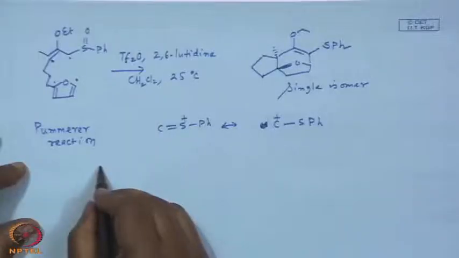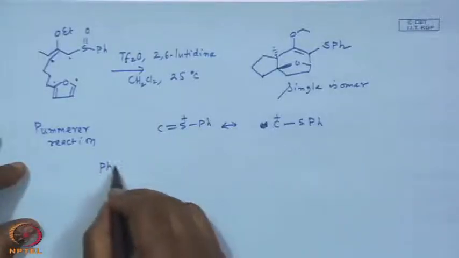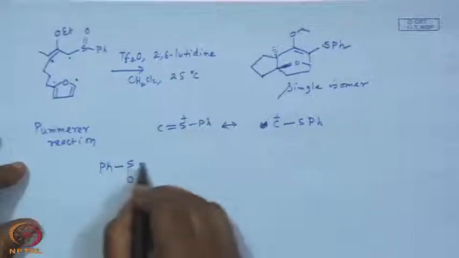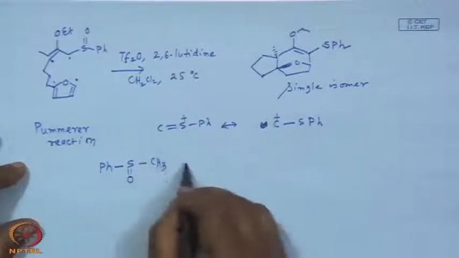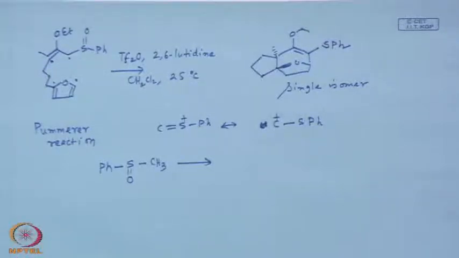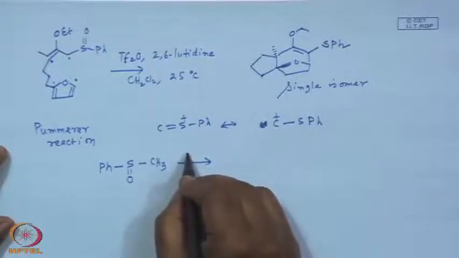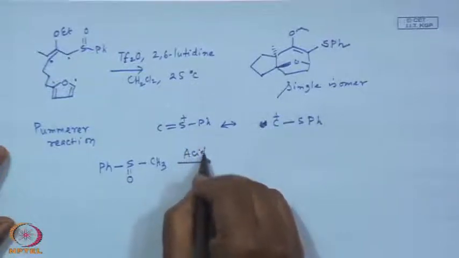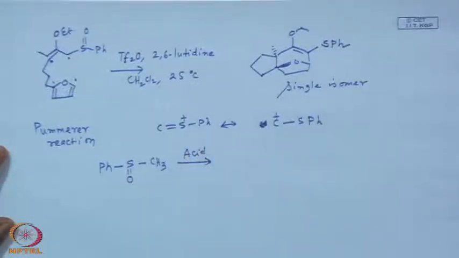The Pummerer rearrangement is nothing but, let us say if you begin with Ph, a sulfoxide and a CH3 up here, and just any acid, either Lewis acid or Bronsted acid, whatever acid you use. Even simple iodine also sometimes works.